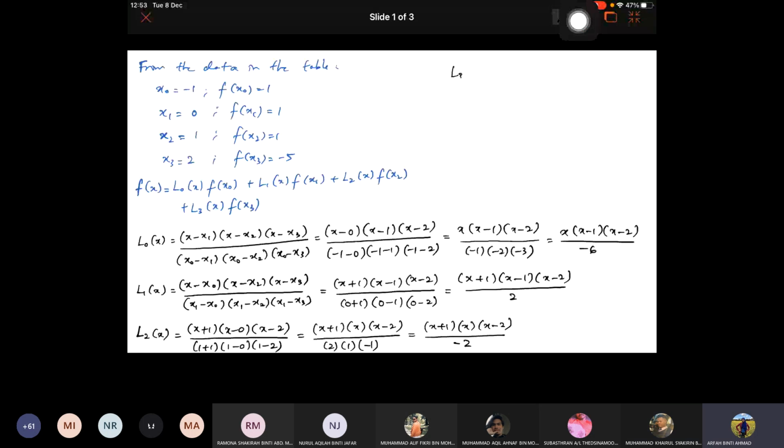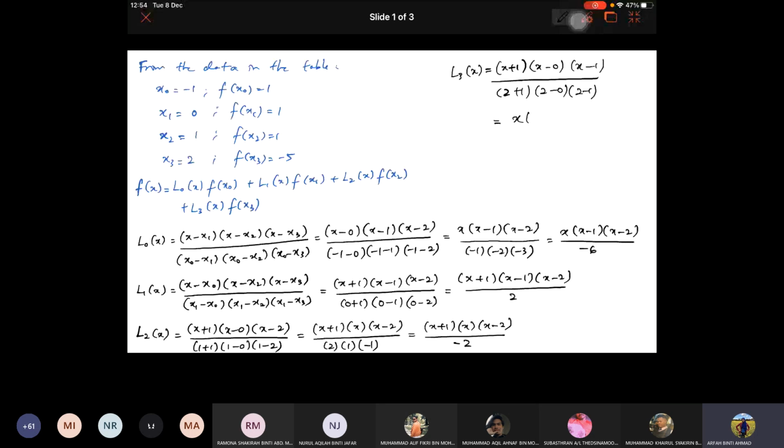L3 apa? For this case, L3x akan sama dengan x tolak x0, x tambah 1, x tolak 0, and then x tolak 1, bahagi dengan 2 tambah 1, 2 tolak 0, 2 tolak 1.